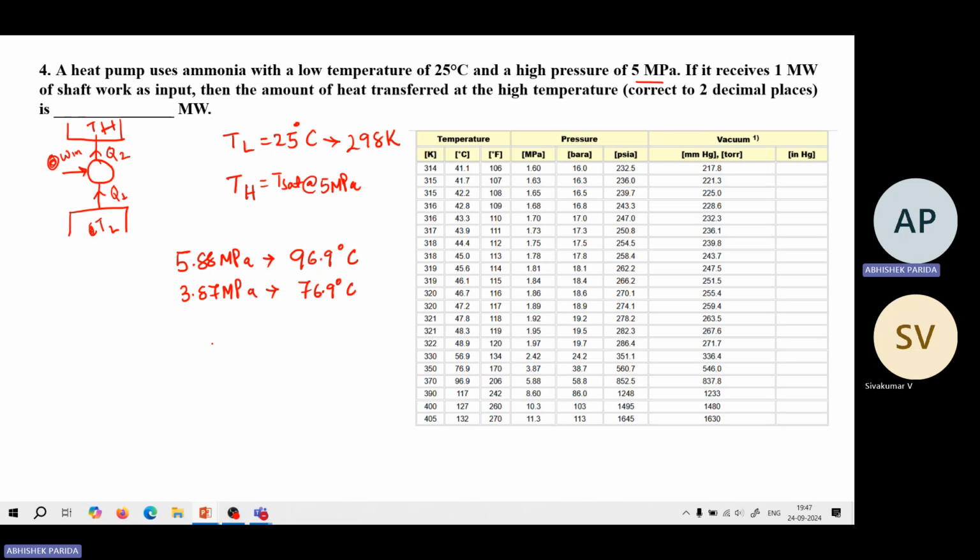So first of all, we have to find out the temperature. The numerator will be temperature: 96.9 minus 76.9, divided by 5.88 minus 3.87. So for this much variation in the temperature, we have this much variation in the pressure. But how much pressure variation do we want? We want 5 minus 3.87. Now calculate this.